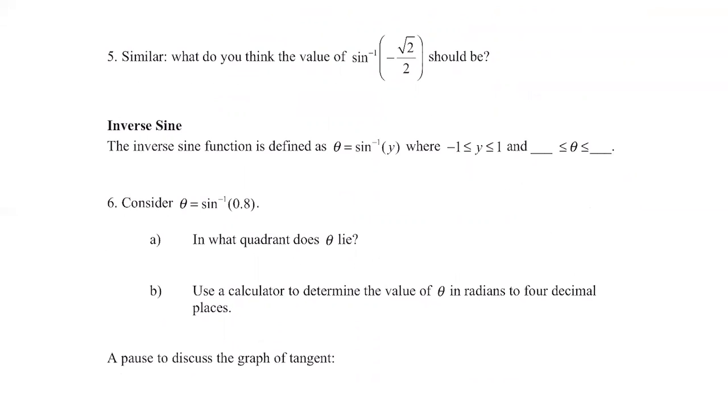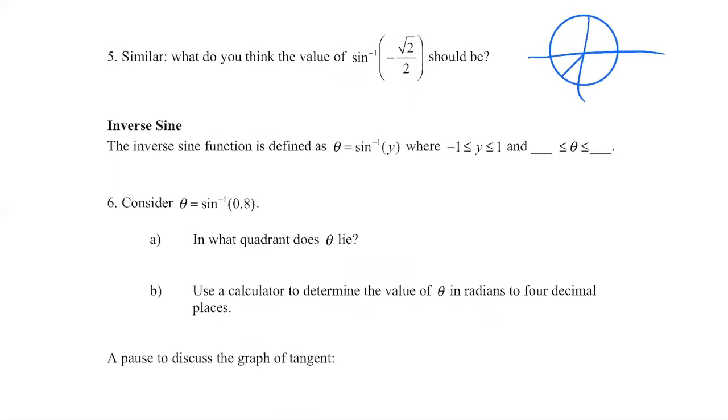Similar, what do you think the value of the inverse sine of negative root 2 over 2 should be? Okay. Well, if I think about this on a unit circle, the sine being negative root 2 over 2 happens in two places.